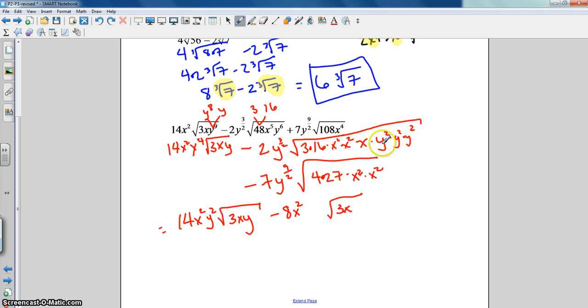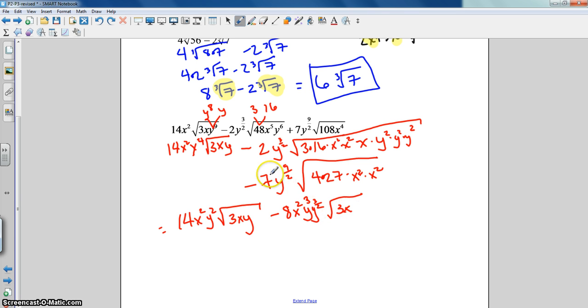Alright, so last thing is the y's. I have 3 y squareds. So that means for each y squared I can pull out a single y. So I pull out a y squared, y cubed. So I pull out a y cubed in total. So I have y cubed, and then I have a y to the 3 halves.